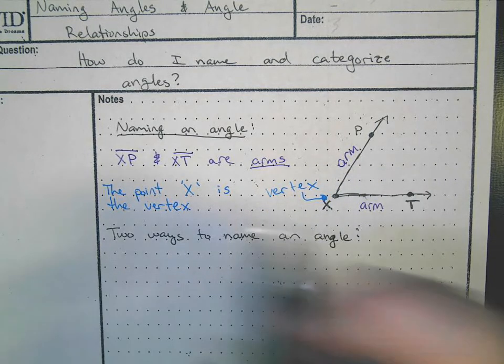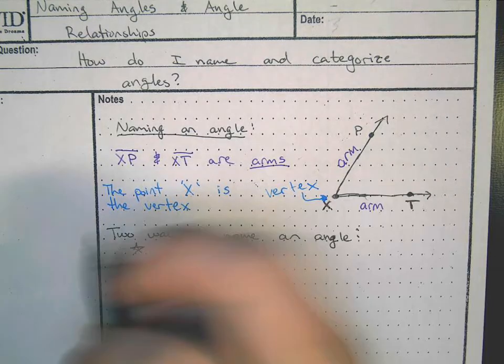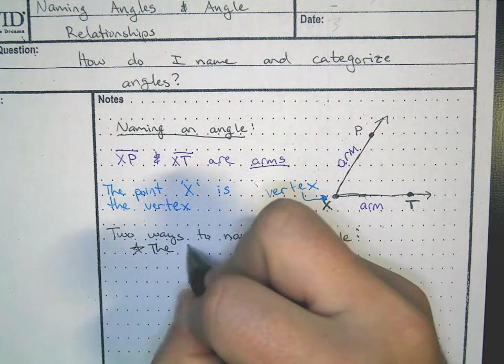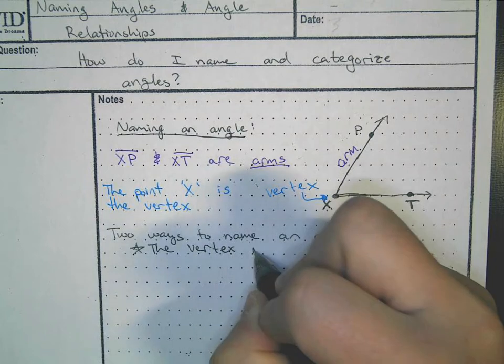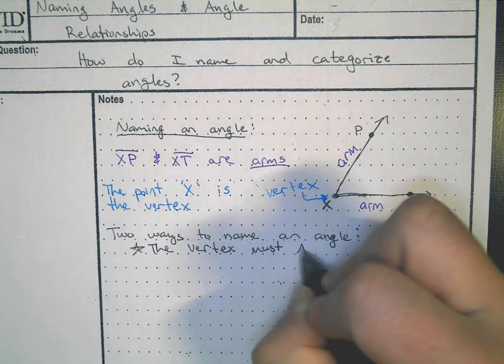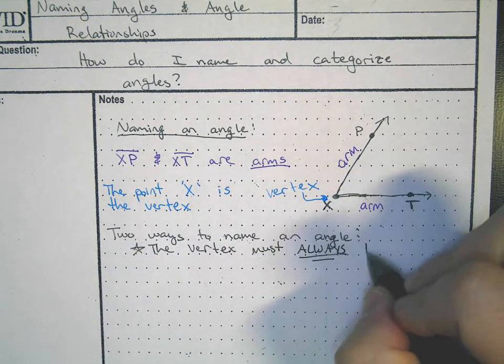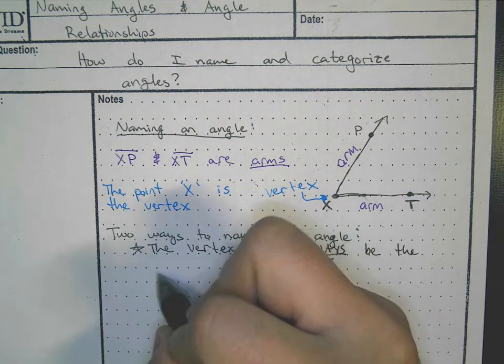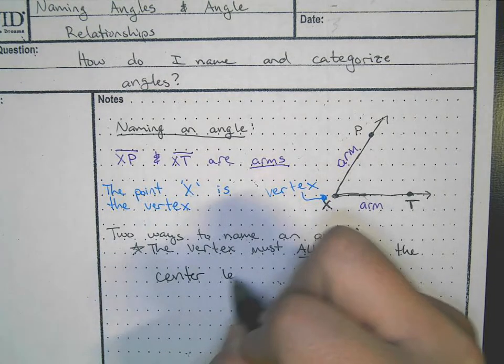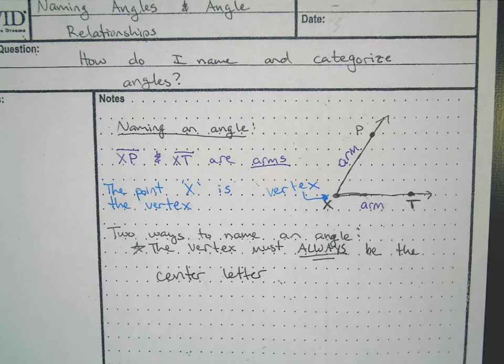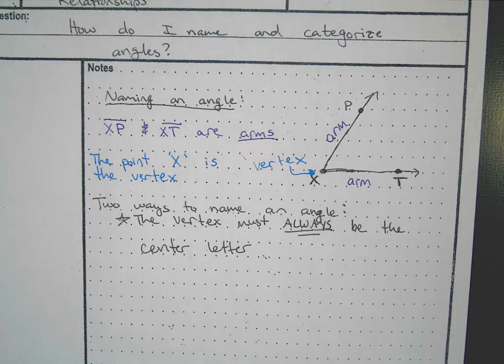And the main point is the vertex must always be the center letter. So again, the vertex is always the center letter when we're naming. So there's two ways to name it.